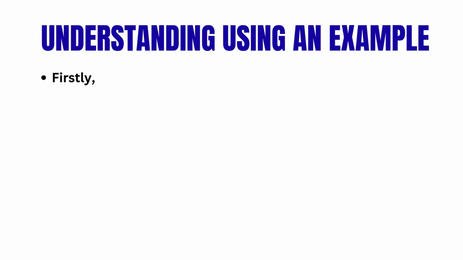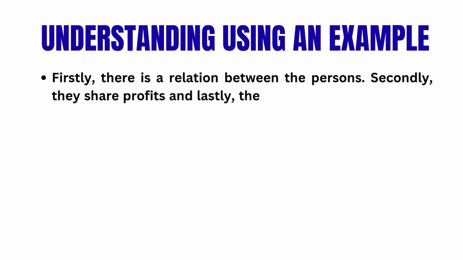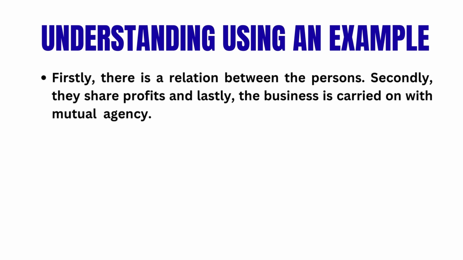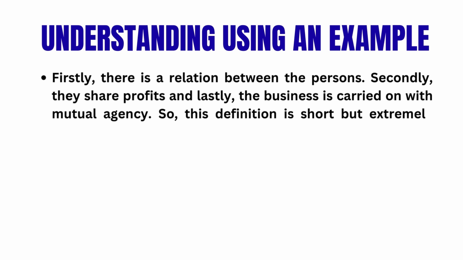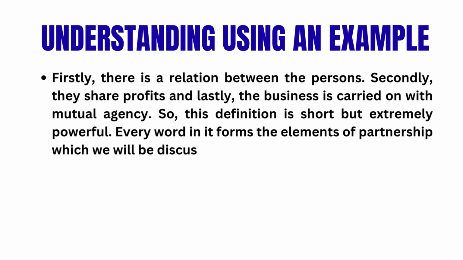Firstly, there is a relation between the persons. Secondly, they share profits. And lastly, the business is carried on with mutual agency. So, this definition is short but extremely powerful. Every word in it forms the elements of partnership which we will be discussing now.